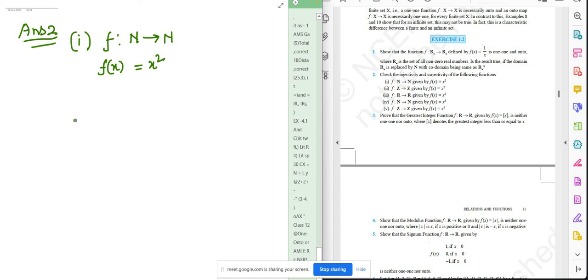Now can you tell, will it be 1-1? First check injectivity. Can you say it is injective?